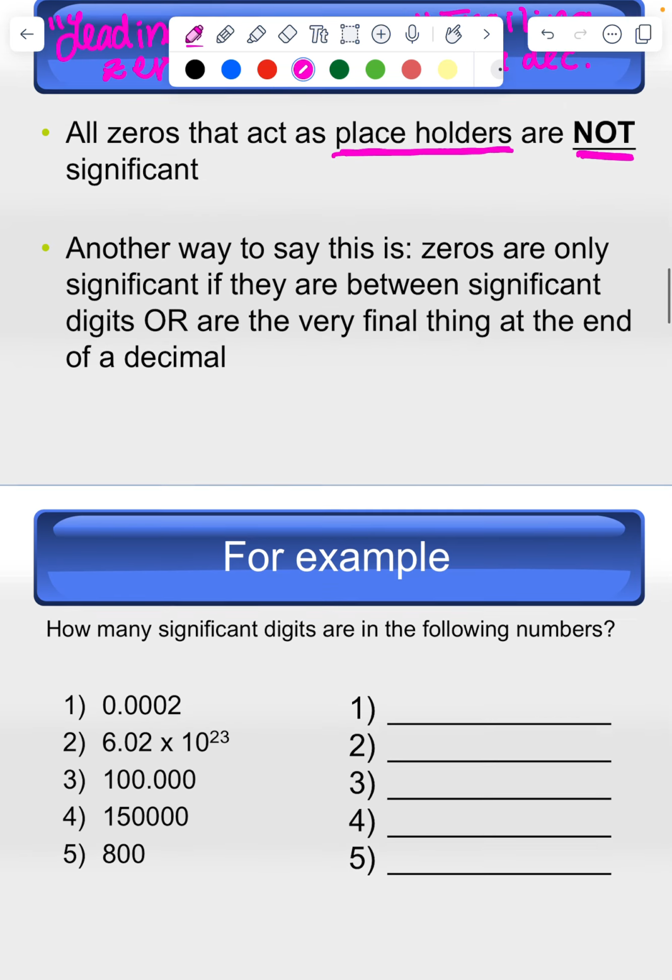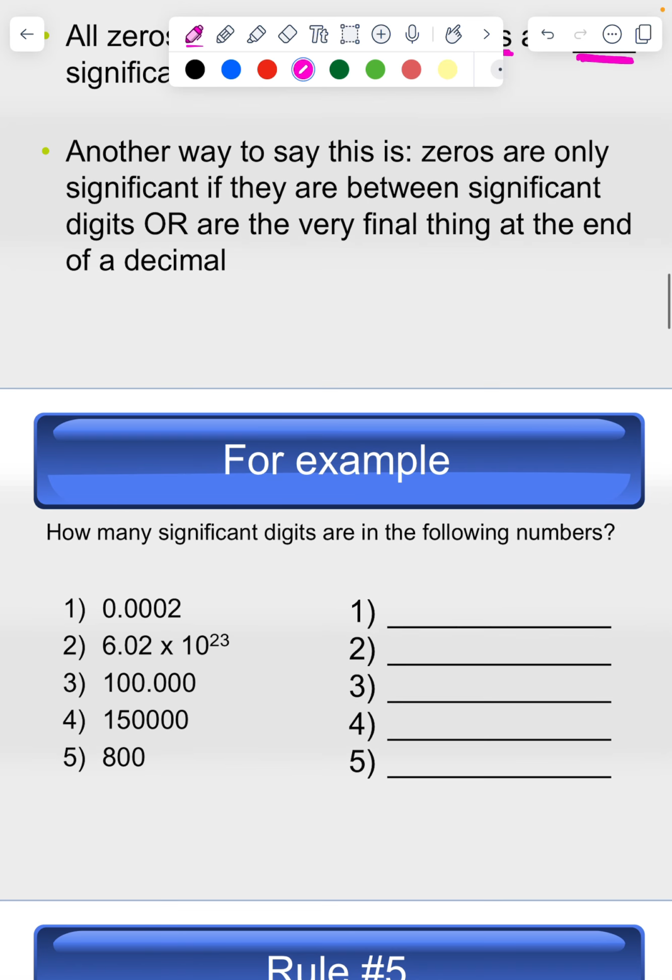All right, if we look at this one, all of these come at the front. All of these are leading zeros, so they are not significant. So we only have 1 sig fig in this. Whenever we are looking at scientific notation, we're only looking at the coefficient. So that 0 is sandwiched, so we have 3 sig figs.